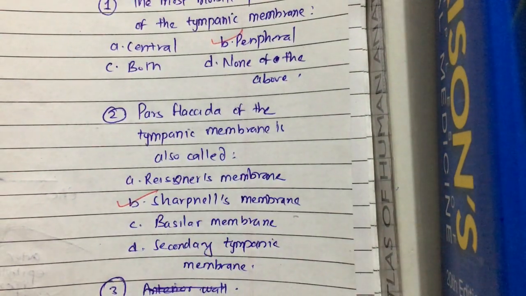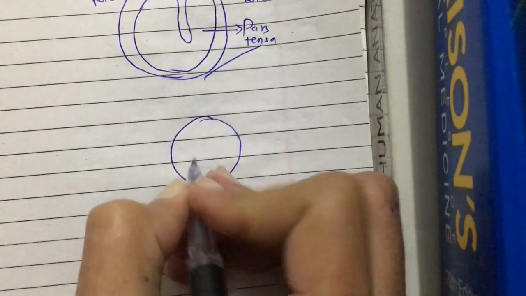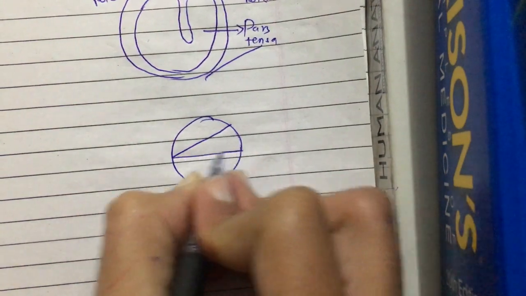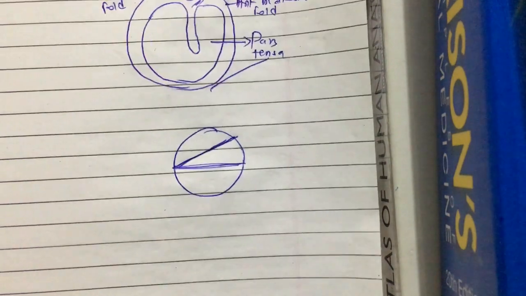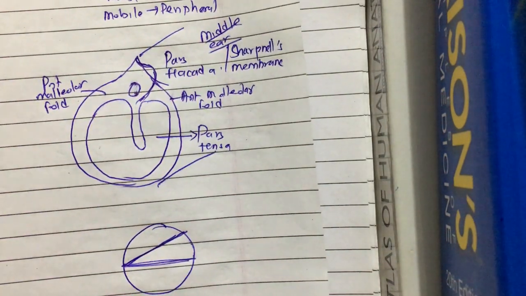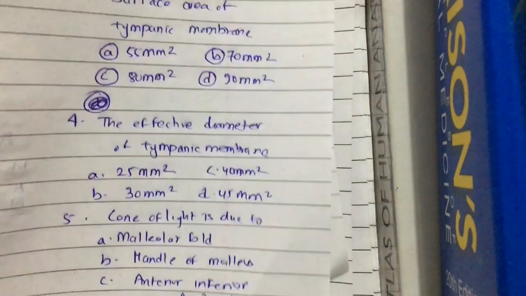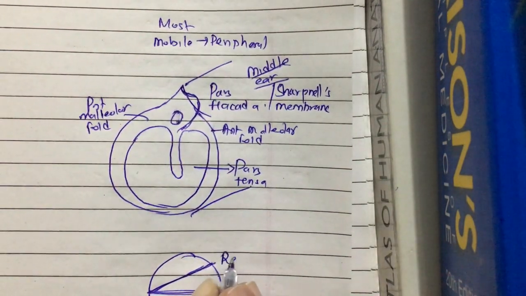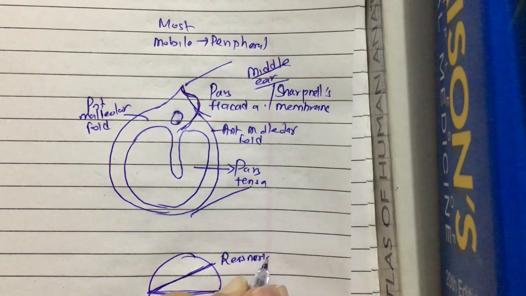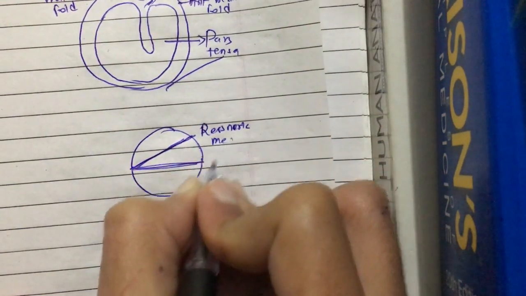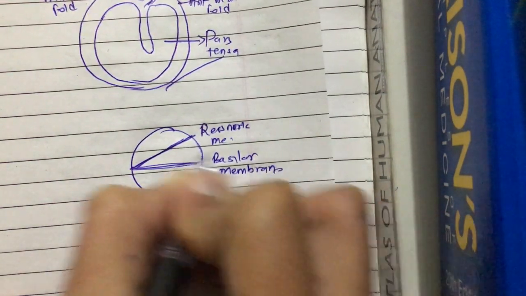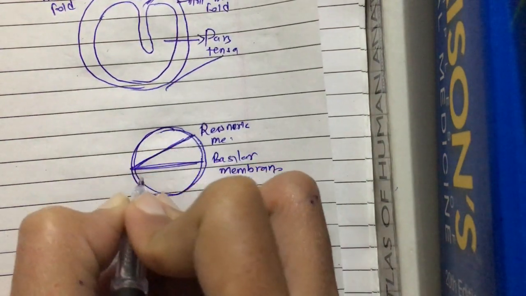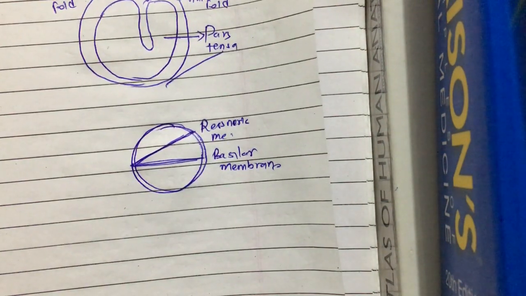Reissner's membrane and the basilar membrane in the inner ear are the membranes which separate the cochlea into three layers.